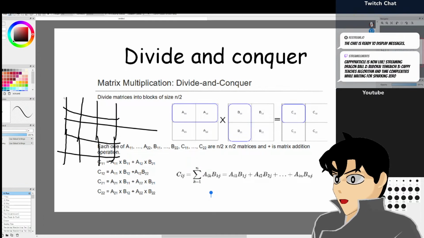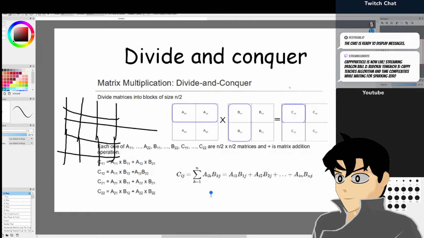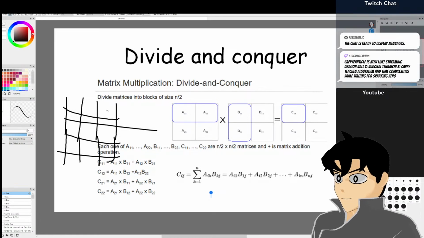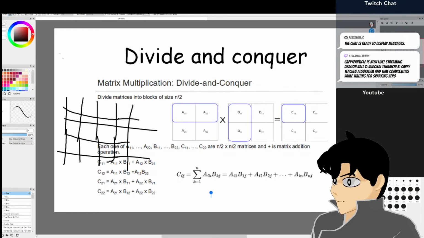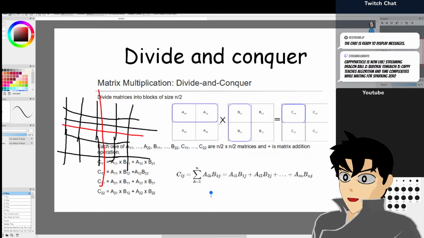Each part would be a 4 cube, 4 cube, 4 cube, 4 cube. So 16. Yeah, 4 by 4 makes a 16 cube. That's why I was confused. So you'd split them into 4, like this, and then work through it like this.